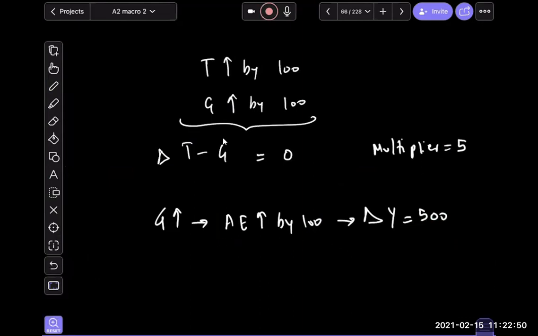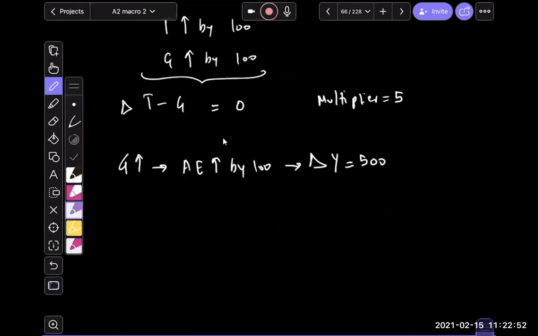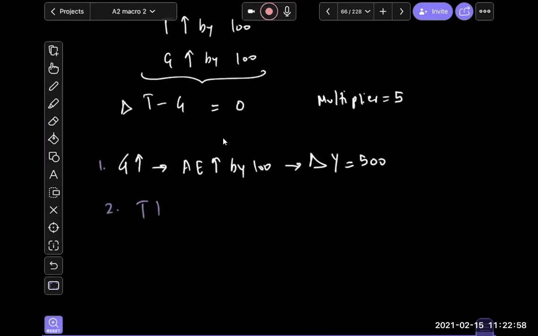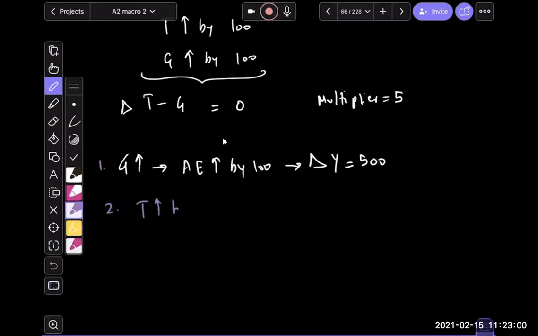Now, that's one thing. If you increase taxes by 100, then disposable income will fall by 100. Isn't that true? Which means the income you're taking back home is going down by 100.